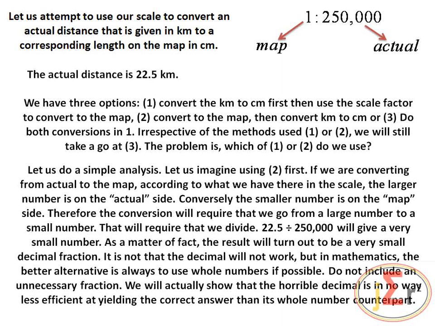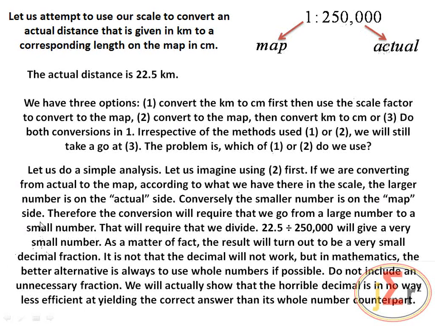Therefore, the conversion will require that we go from a large number to a small number, from the large actual to a smaller. So the conversion, if we are going to do that conversion first, requires that we go from large to small.